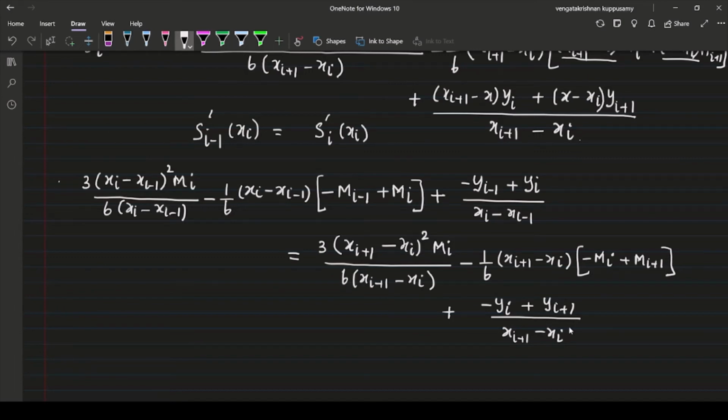So now collect the m_i terms to one end and y_i terms to the other end, and let us try to simplify.